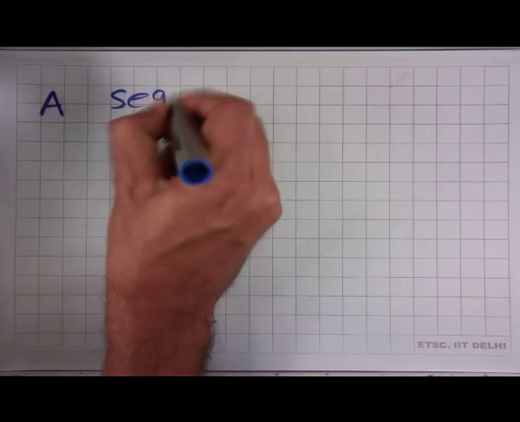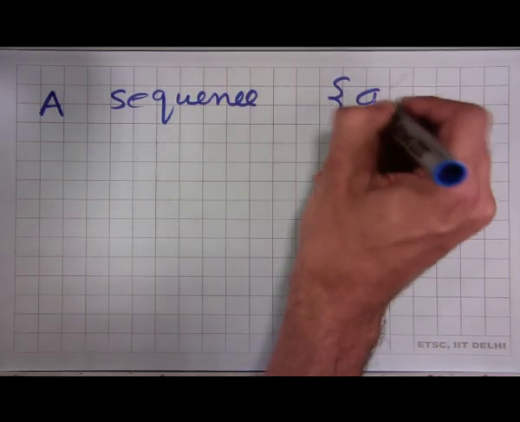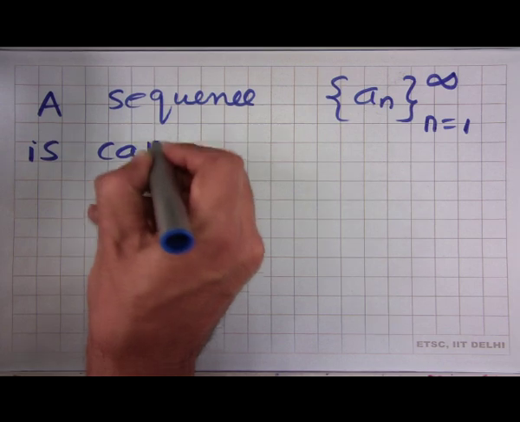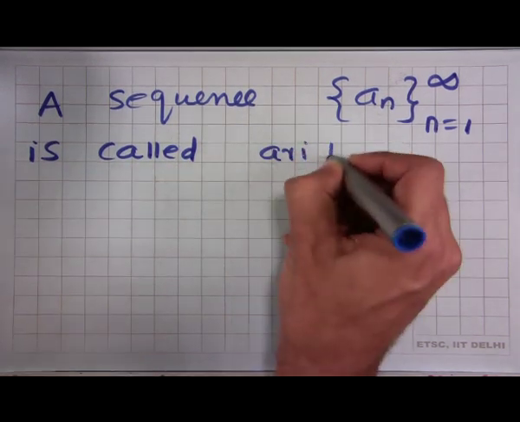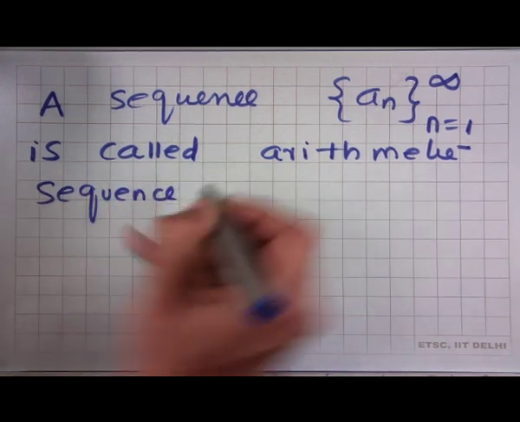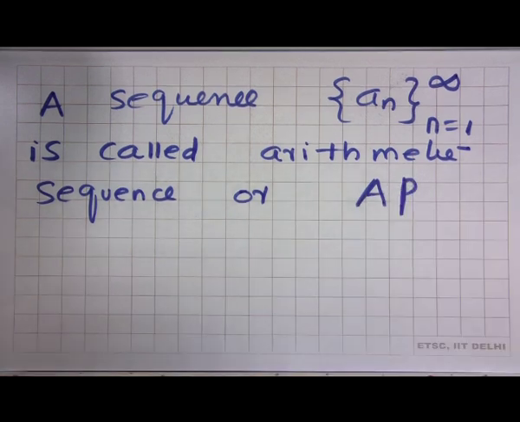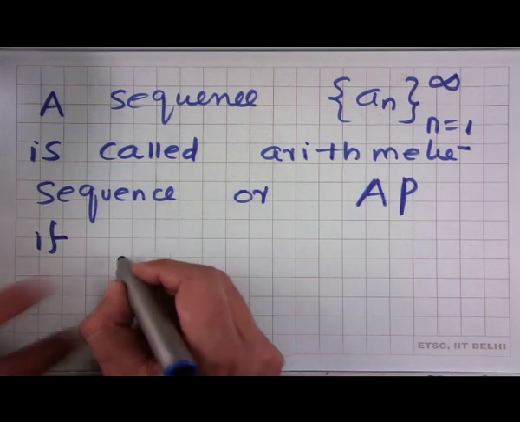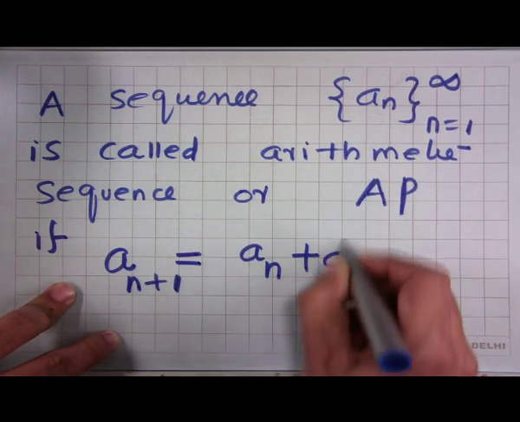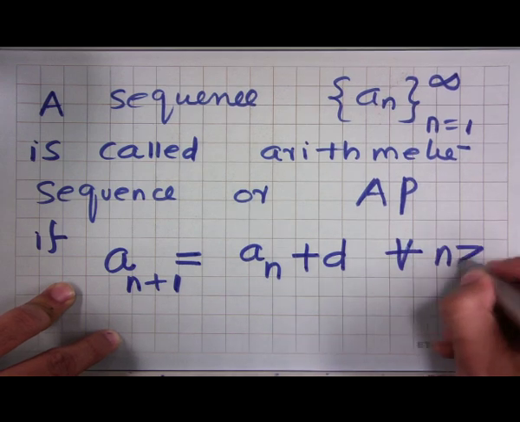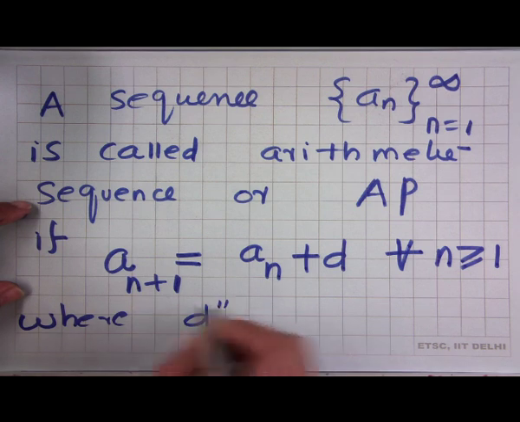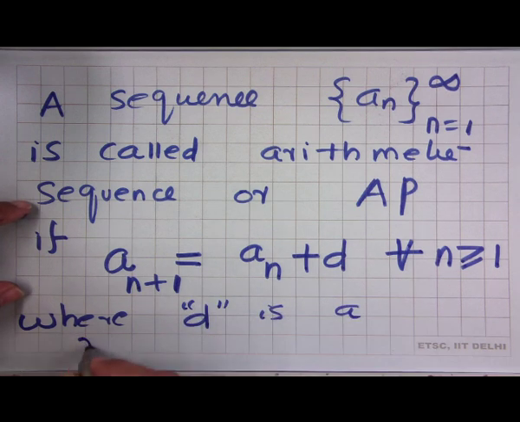A sequence an, n equal to 1 to infinity, is called an arithmetic sequence or arithmetic progression, let me write AP, if an plus 1 is equal to an plus d for every n greater than or equal to 1, where d is a real number.